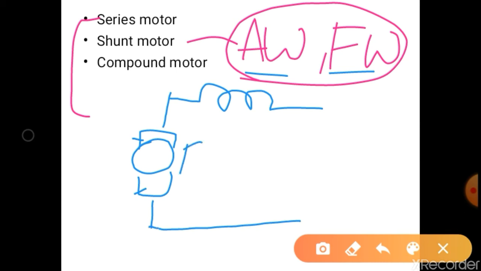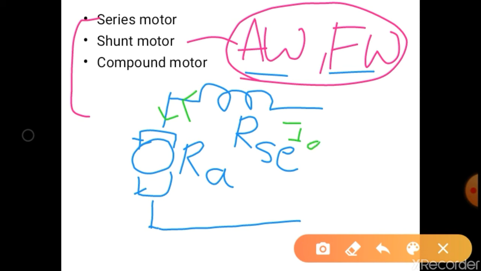The armature has a resistance of Ra ohm and the field has a resistance of Rse ohm. The current flowing through the armature is the same as the current flowing through the series field, that is, Ia equals Ise in the case of series motors. Where do we use these series motors? They are used in many applications, like traction, cranes, lifts, rolling mills, etc.